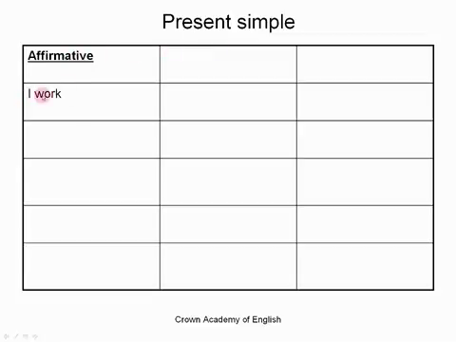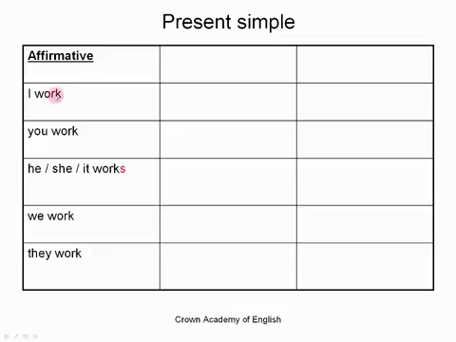So we have I work, you work, he, she, it works, we work, and they work. So let's have a quick look at this column here. We can see it's actually quite easy. All of the forms, so we have I work, which is simple, it's the same as the infinitive.